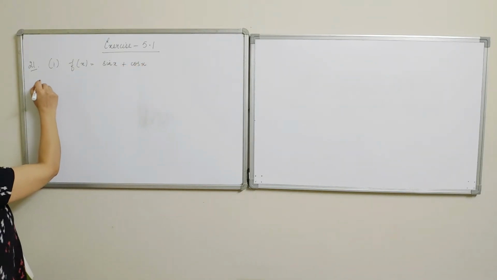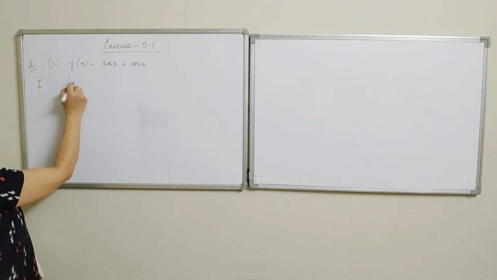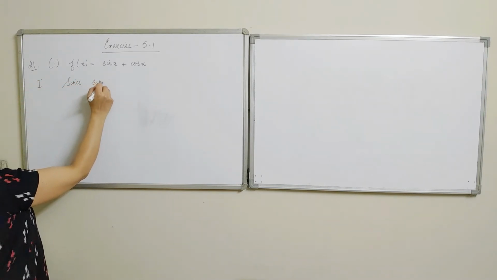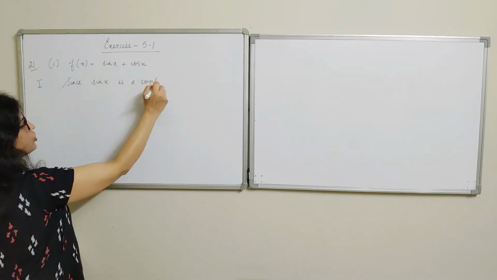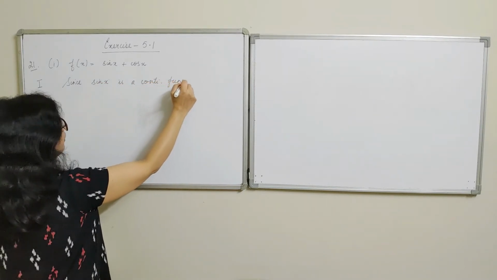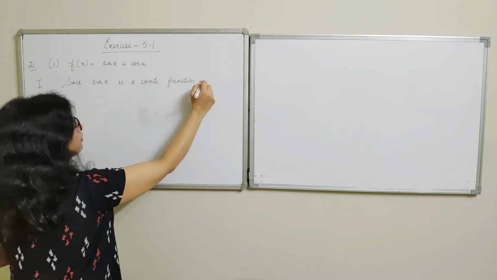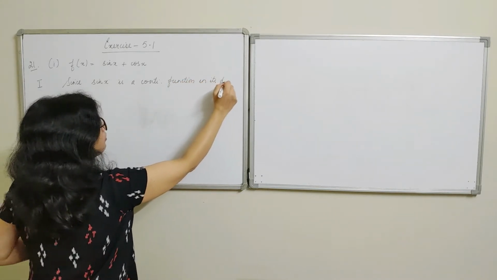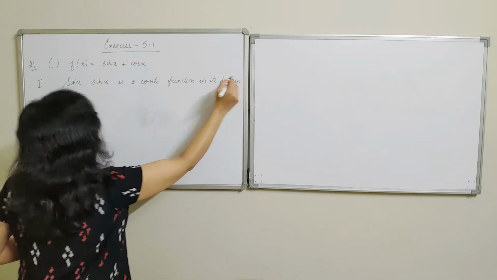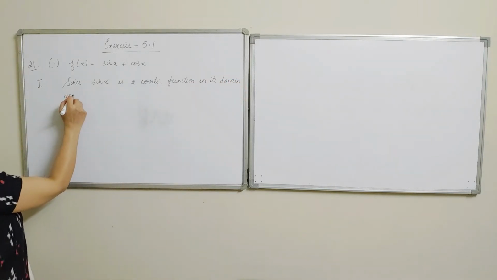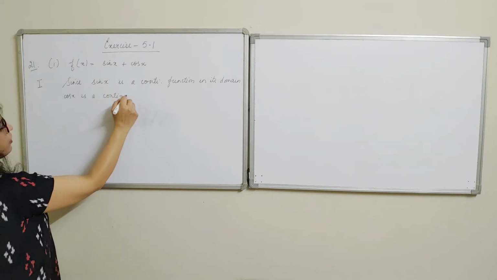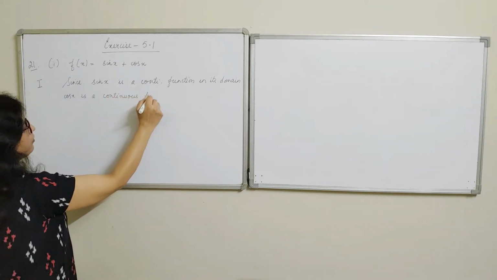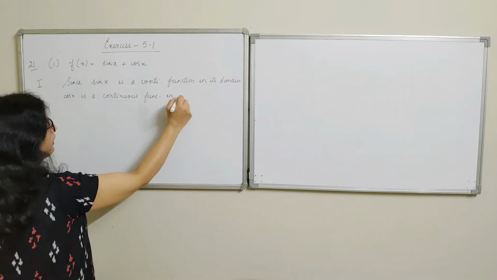The first method: since sin x is a continuous function in its domain, cos x is also a continuous function in its domain.